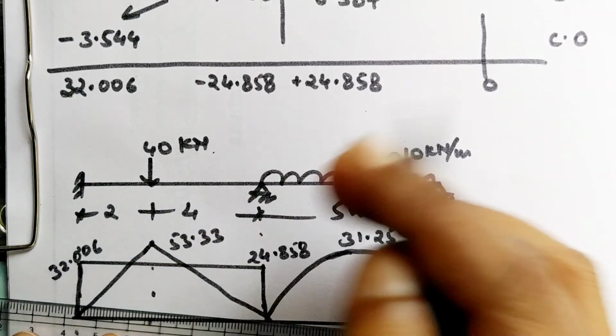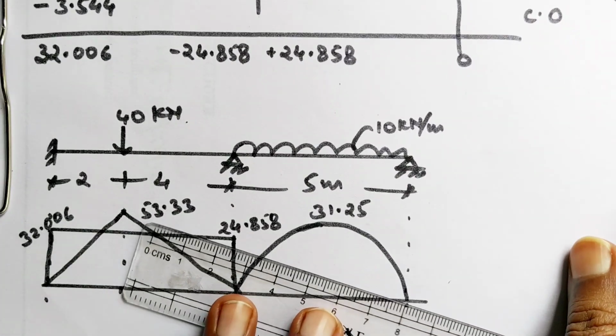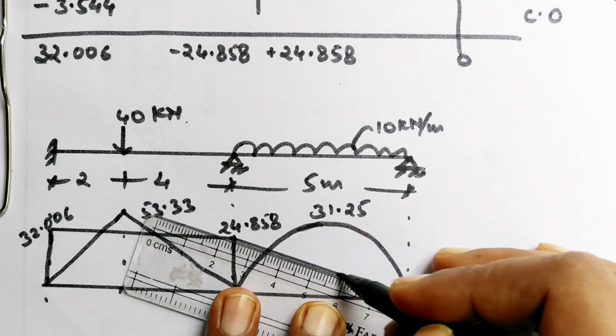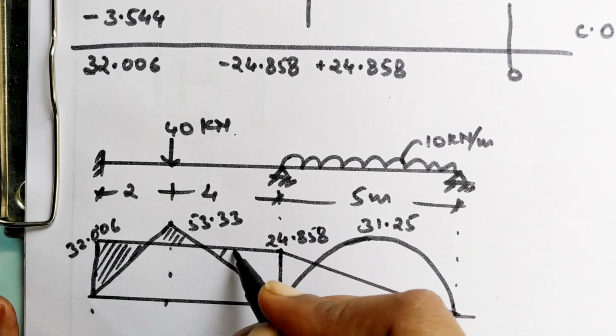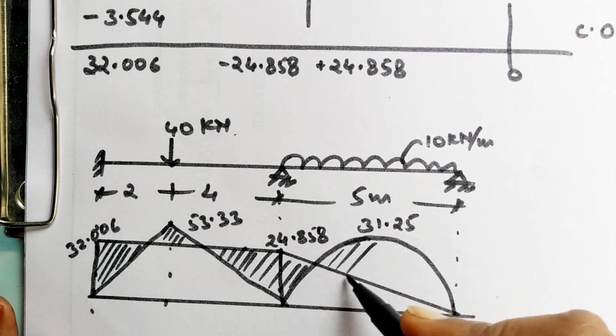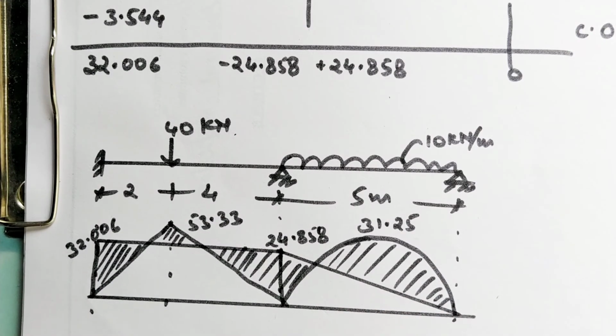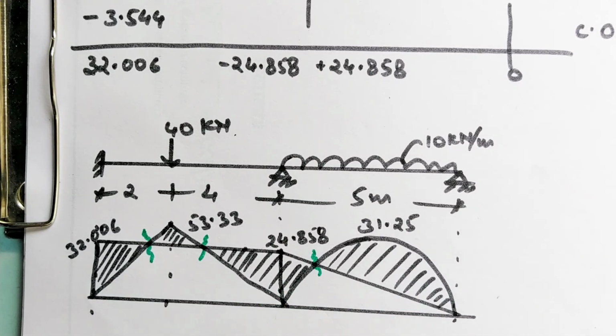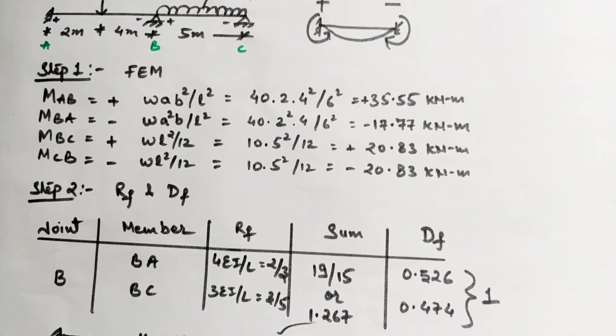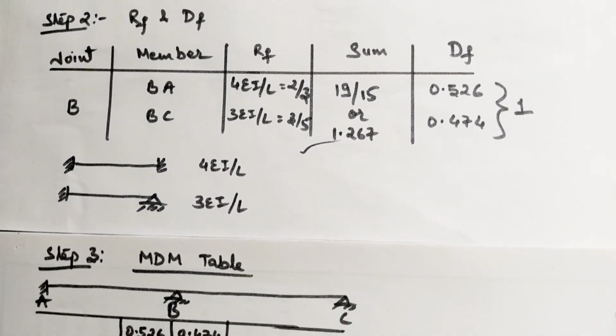I am just joining my bending moment diagram with free hands. Just join it and shade the alternate portions what you receive. So these are the critical points and these are the critical zones where these two graphs cut each other. So this is the final answer.